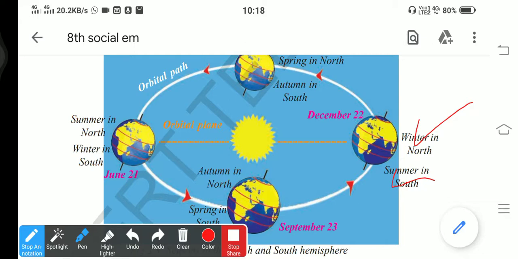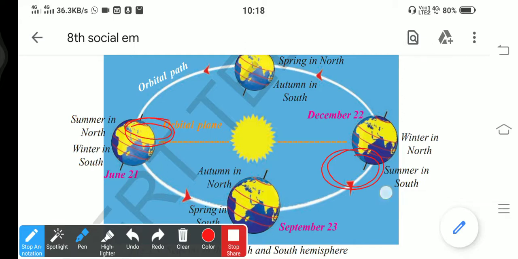There is an opposition of the seasons because of the tilt of the earth and its revolution around the sun. On June 21st, the northern hemisphere gets sunlight directly. But by December 22nd, the southern hemisphere gets sunlight directly.